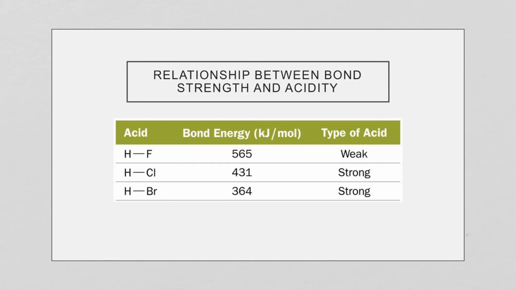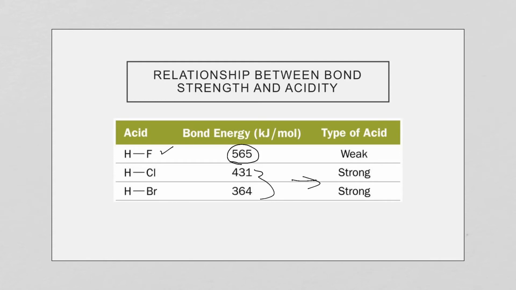Now, if we sort of look into this a little more clearly with some numbers, right, we can sort of see this played out, right? So we saw that this is a weak acid, right? Look at how strong the bond is, comparatively to HCl and HBr, which have much weaker bonds.